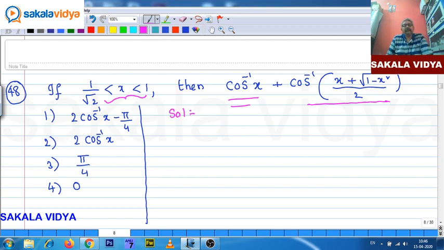Solution: here put x equal to sine theta. Let us see what we get now. That implies theta is equal to sine inverse x.